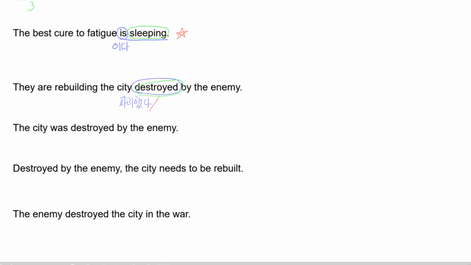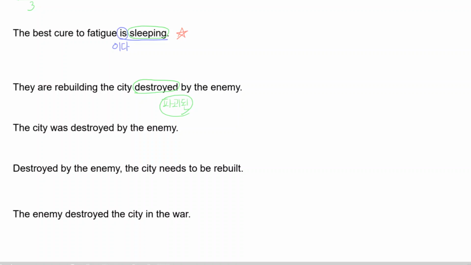How about if it's green? 파괴된. Which one is right? They are rebuilding the city. 도시를 재건하고 있다. 파괴했다. 파괴된. 적에 의해서 파괴된. Right? So, at this time, the correct translation is 파괴된. So you should mark this in green. Okay? How about the next one?